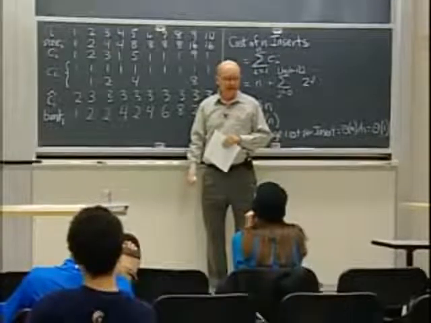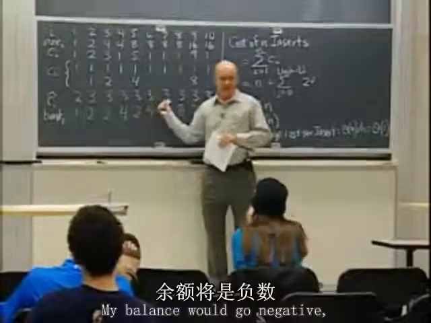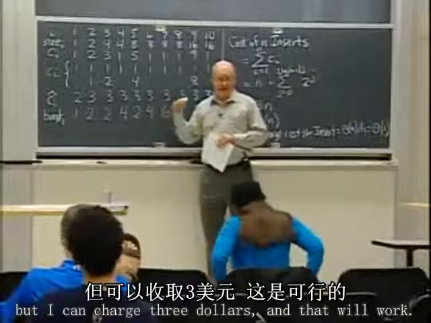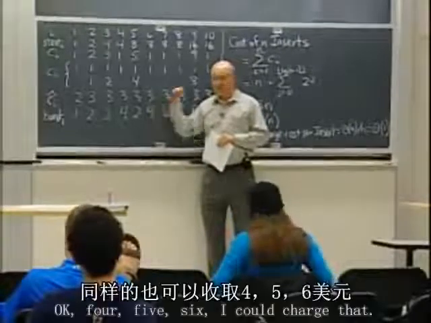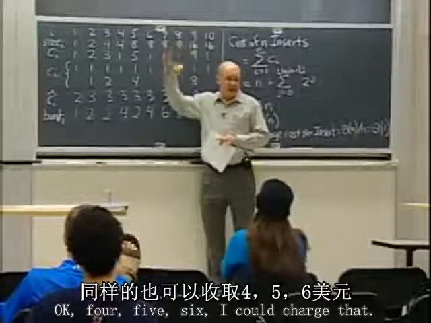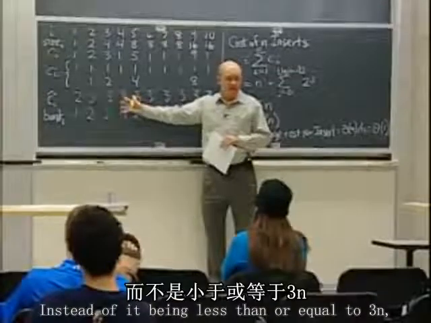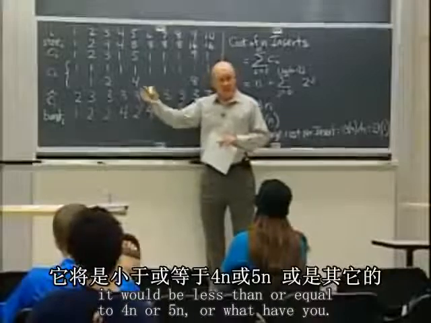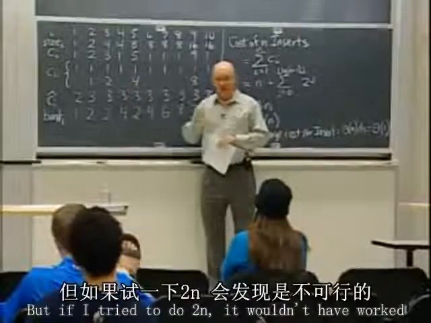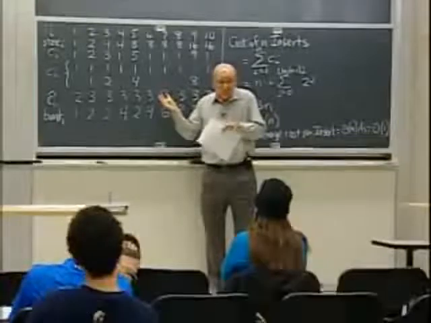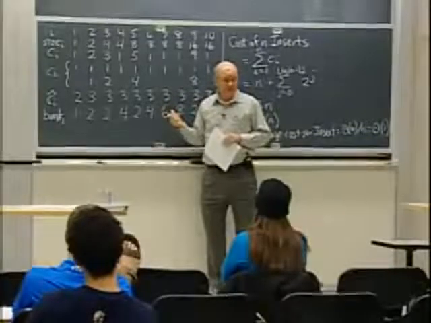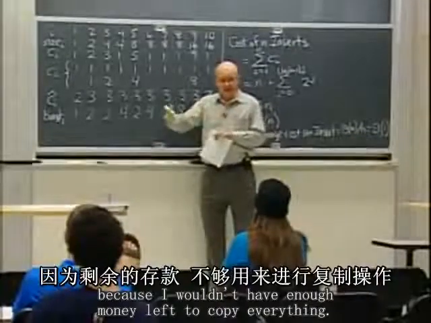My balance would go negative. But I can charge $3, and that'll work. 4, 5, 6, I could charge that. The bound that I would get would be simply a looser bound. Instead of it being less than or equal to 3n, it would be less than or equal to 4n or 5n or what have you. But if I tried to do 2n, it wouldn't have worked, because I wouldn't have enough money left to copy everything.